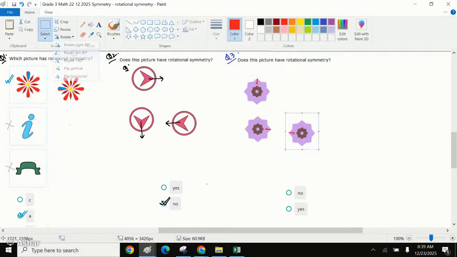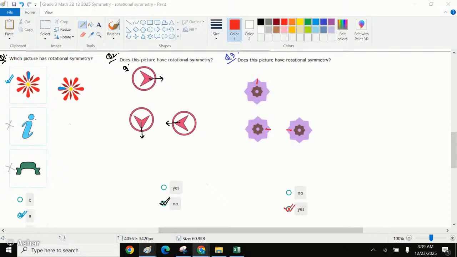And if I do it towards the left, does the shape still look the same? That means irrespective of how many times you turn the shape, it will look the same, right? So the shape is the same. So you click on yes. Please do complete your test, right?